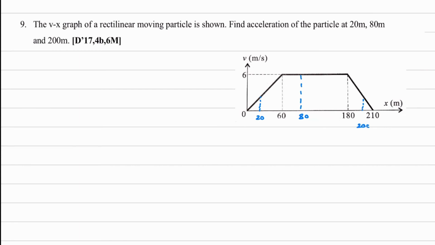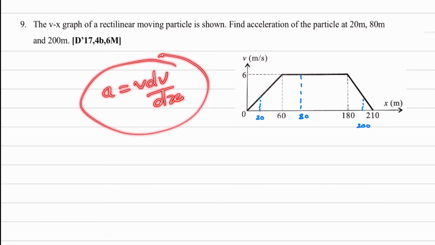200 meter. Now what we have to calculate from here? Vx diagram is given and we have to calculate acceleration. They have not mentioned that you have to plot AT diagram, VT diagram or ST diagram. We have to just calculate what? Acceleration. Now what is acceleration? Acceleration is v dv by dx. So you have to use this equation, and what is dv by dx?